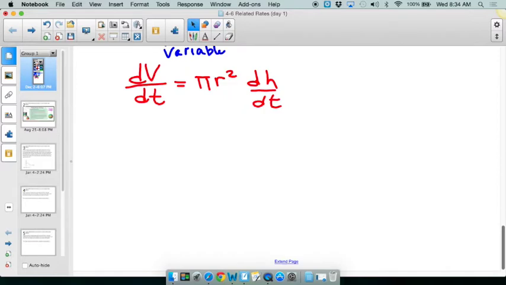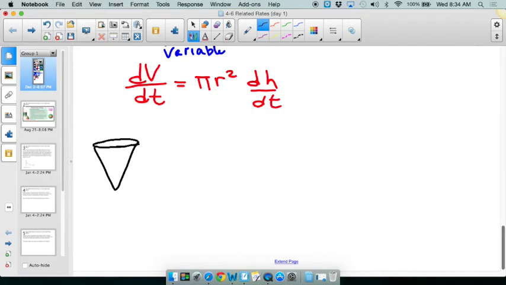If we look at the cone, and we look at filling up this cone here, as we fill that up with water, is this height changing? Is the level of that water changing? Yeah. Is the radius of that water changing? Yeah.